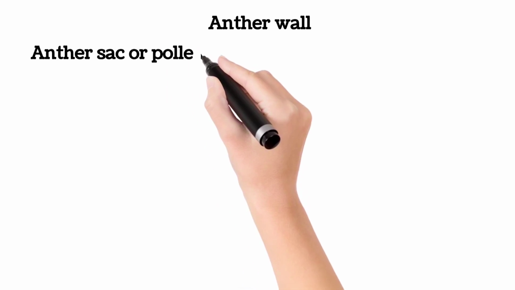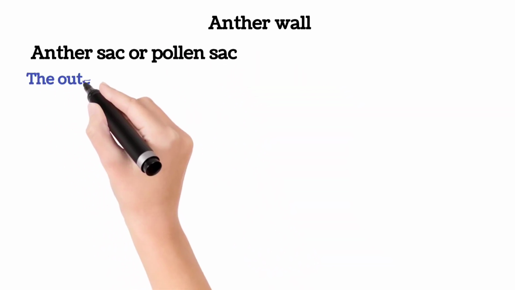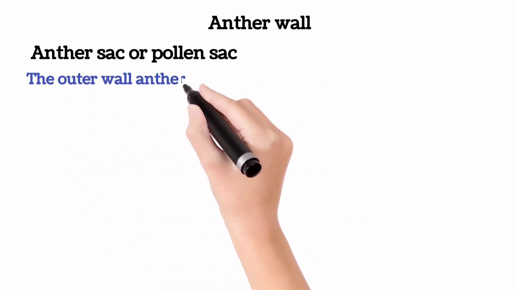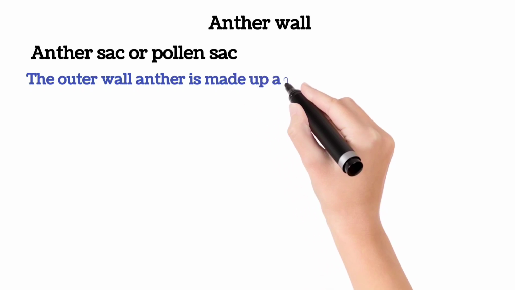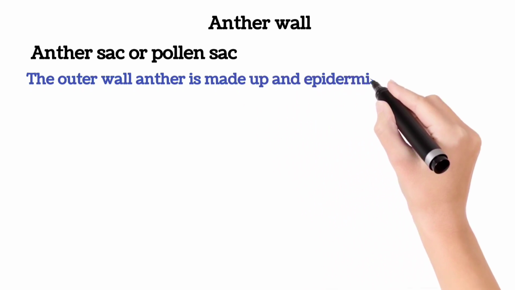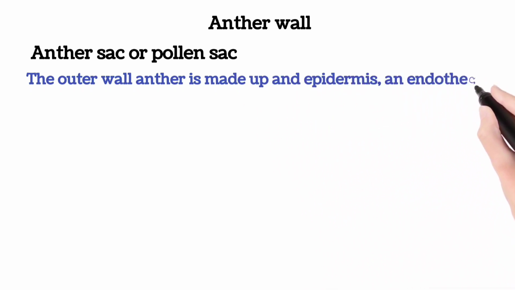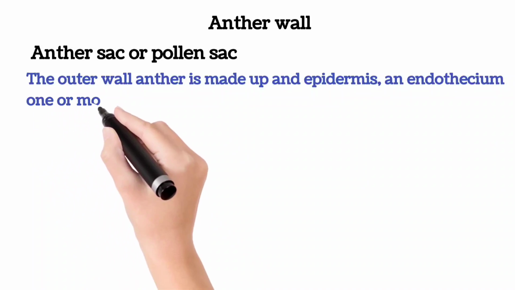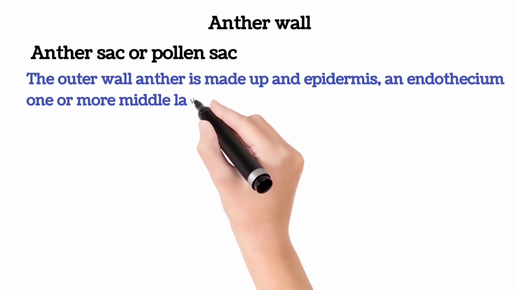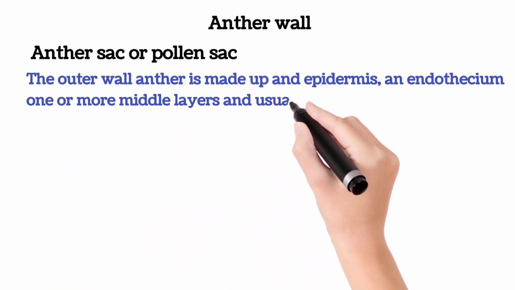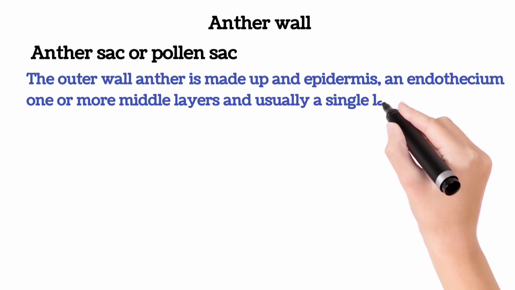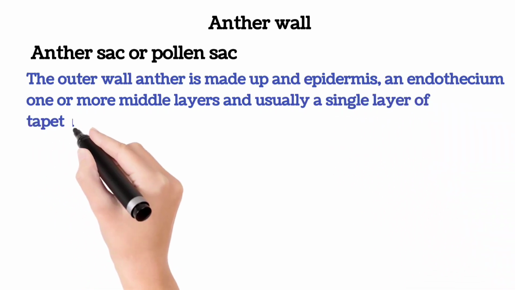Anther sac or pollen sac. The outer wall of the anther is made of epidermis and endothecium, one or more middle layers and usually a single-layered tapetum.